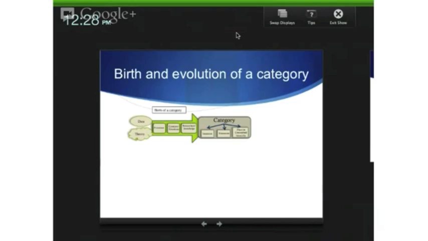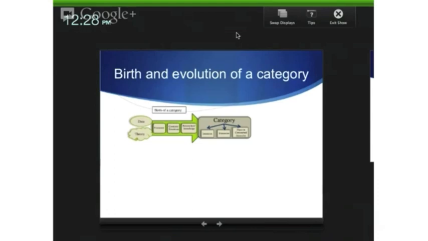Start with the birth of a category. There are several factors involved when a category is formed: contextual factors, situational factors, the researcher's knowledge, his intuition, decisions the researcher makes based on his previous experience, then the processes that the category goes through during its formation, the data and the underlying theory.